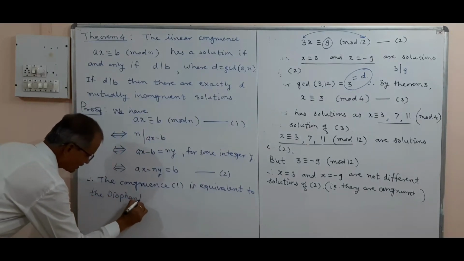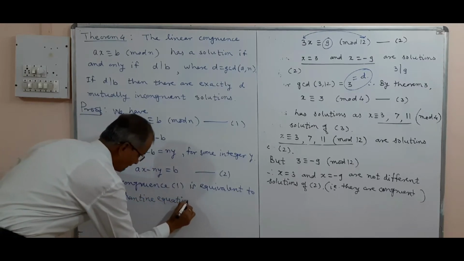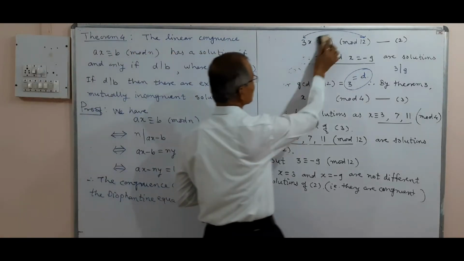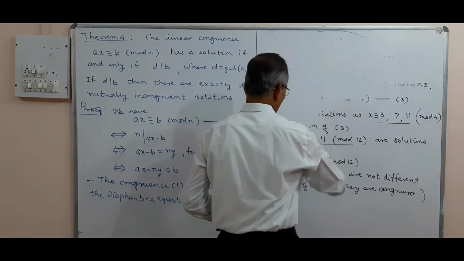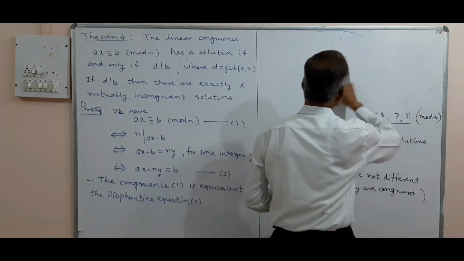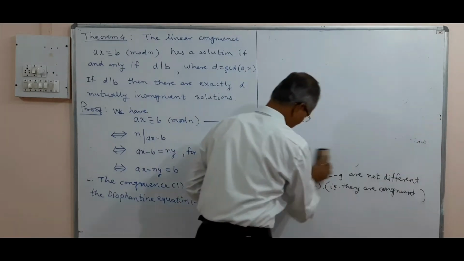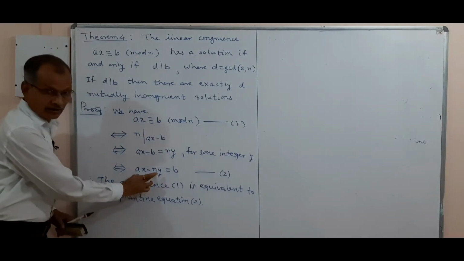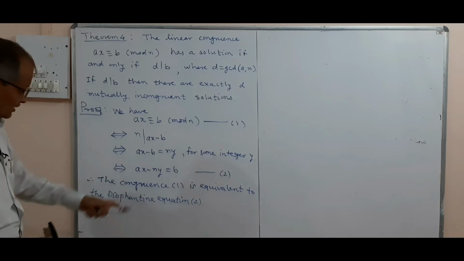And we know the method of solving a Diophantine equation, for which we refer to the theorem on Diophantine equations. That equation has a solution if the GCD of the numbers on the left side divides B, and we have the GCD of these two numbers as D.